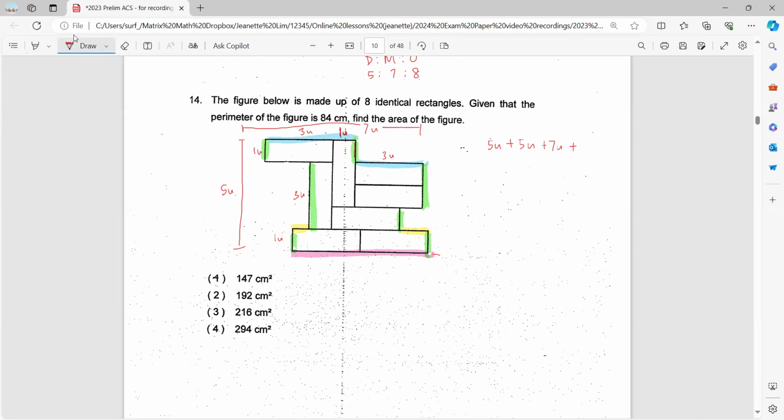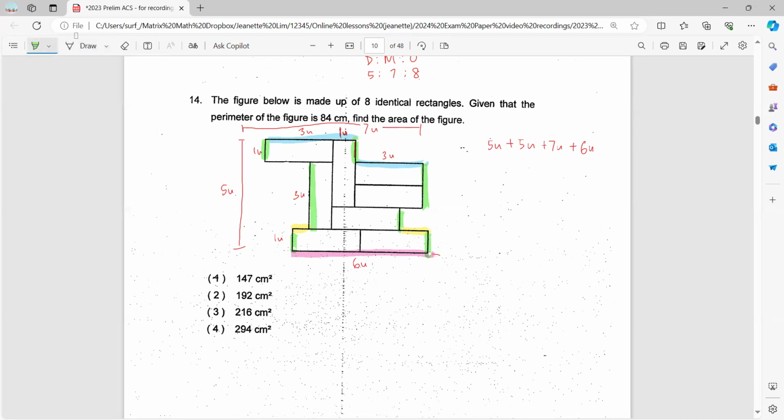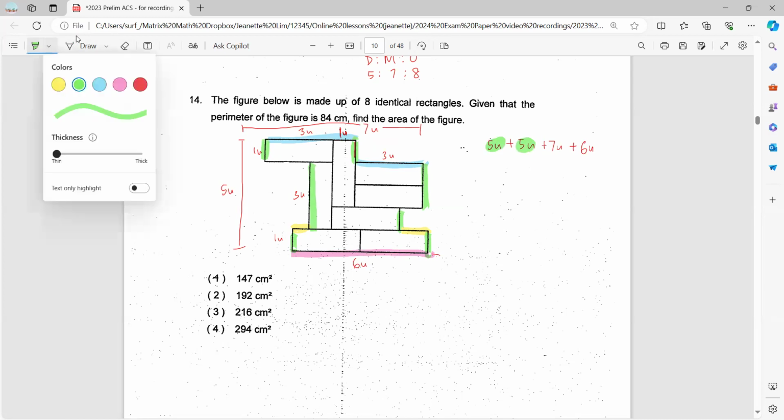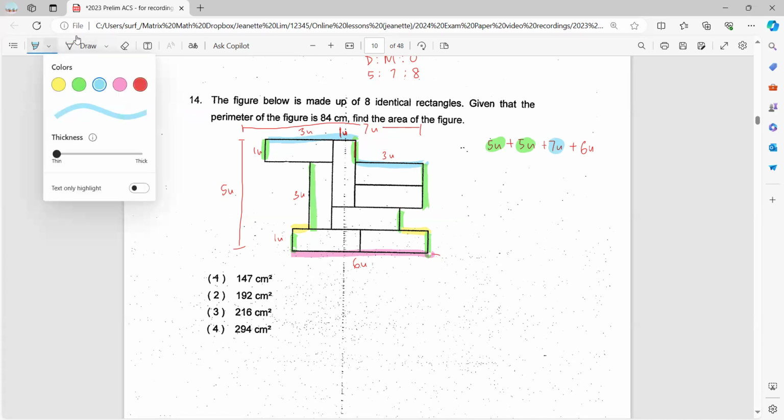That is 6 units. Maybe I just highlight the 5, and the 5 is for the green. And 7 units is the blue one. And 6 is the pink one.